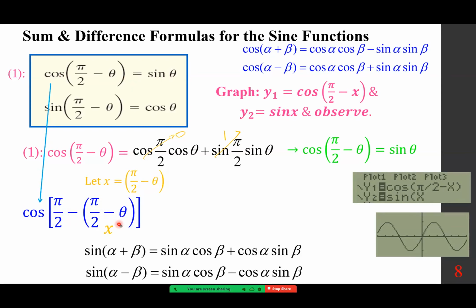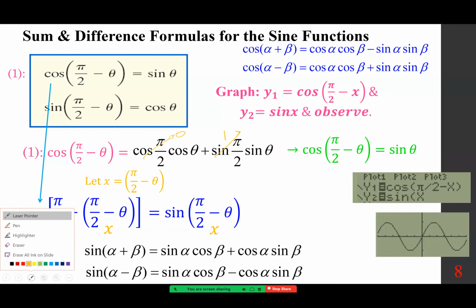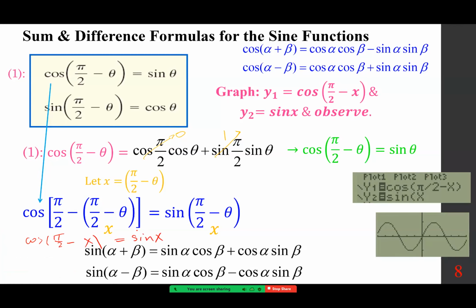So if this is x, think of cosine of pi over 2 minus x. Let me just write it in fact. Cosine of pi over 2 minus x is equal to sine x according to this formula.